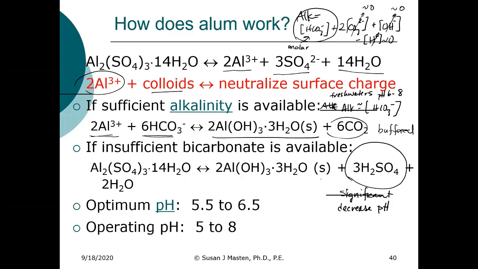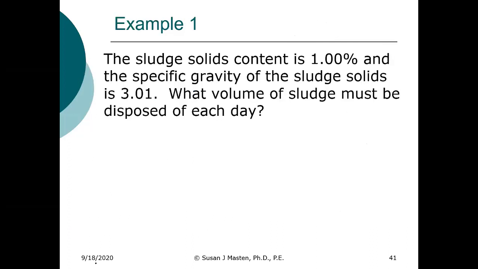So you'll have trouble controlling the pH of the system. And in a drinking water system, you don't want significant changes in the pH of your treated water because you end up with corrosion problems. We'll do this part of the problem, and then I'll stop and ask questions, because I don't want to start the alkalinity part.